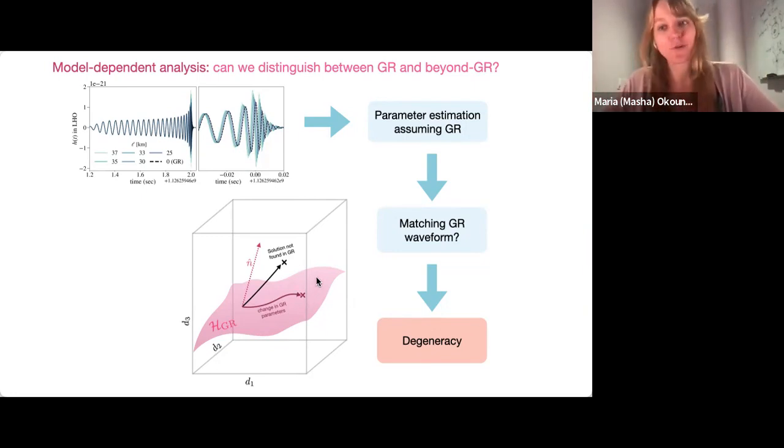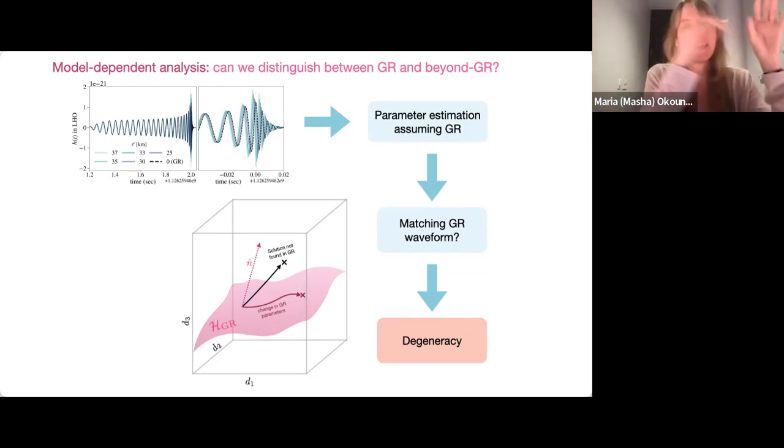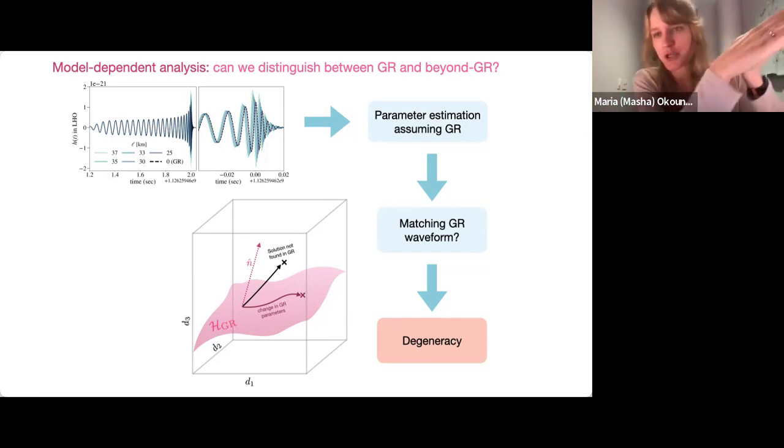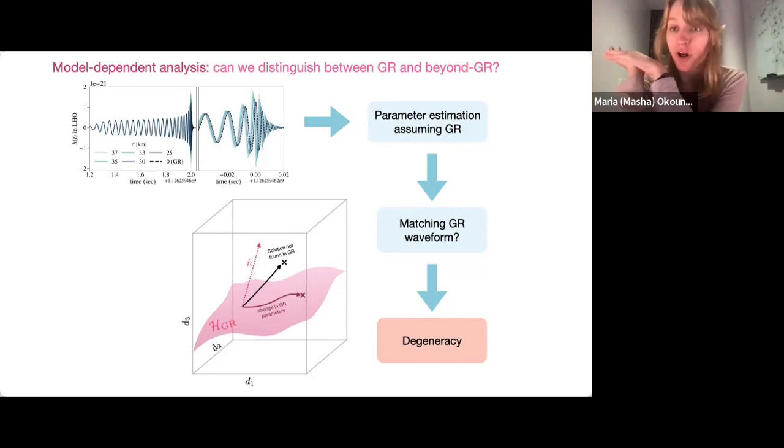Now, we've done this for one physical system. There's the question of, okay, let's say that this system that we considered was degenerate. In other words, we got the same level of confidence in the GR parameter estimation pipeline as we got in the morphology independent analysis. In that case, it would be instructive to potentially look at other sets of parameters.